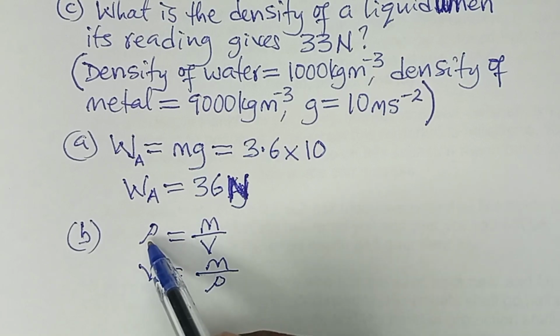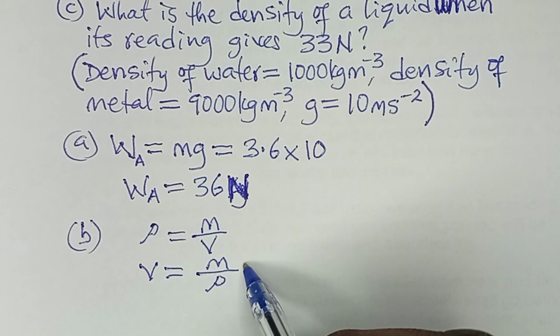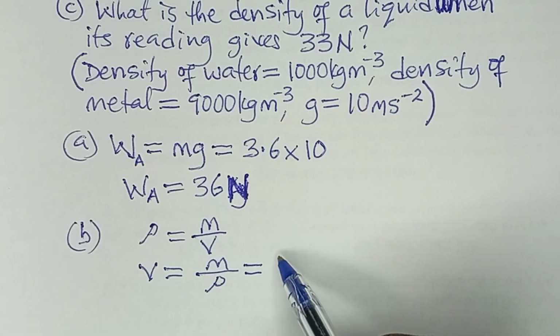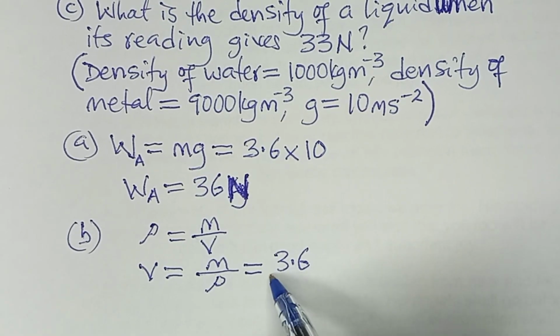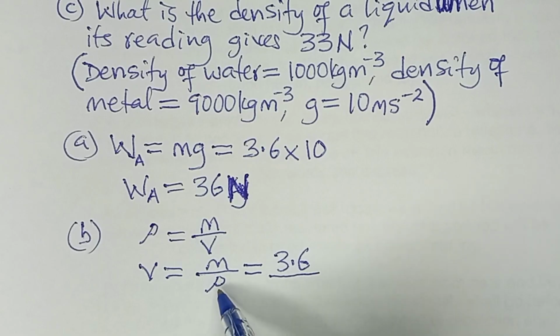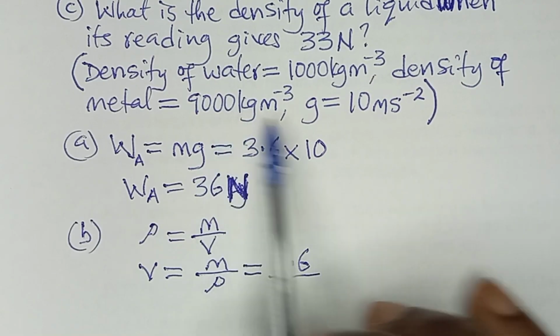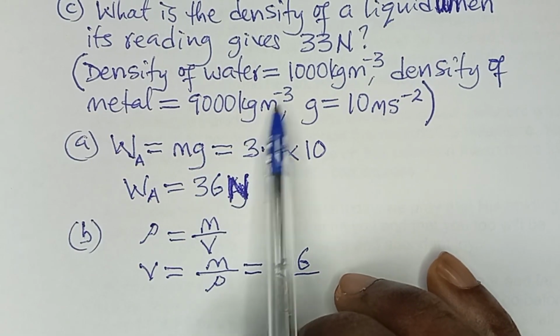Don't forget, this is the symbol for density, which is rho. Now, we can substitute values, and the mass given to us in the question is 3.6 all over the density of the metal, 9,000 kilogram per meter cube.